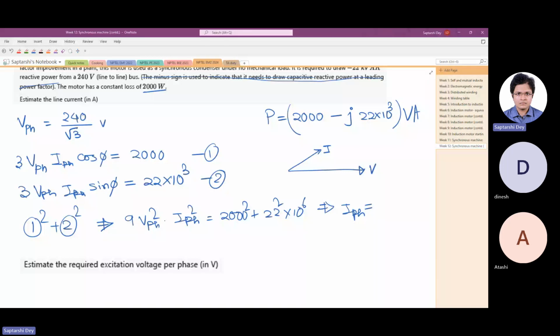Can you just do it? It should be 53 ampere.